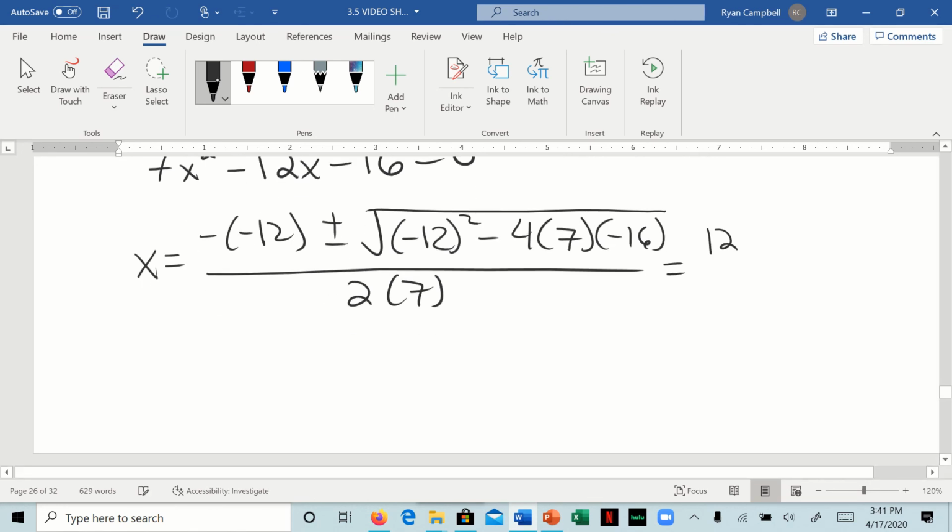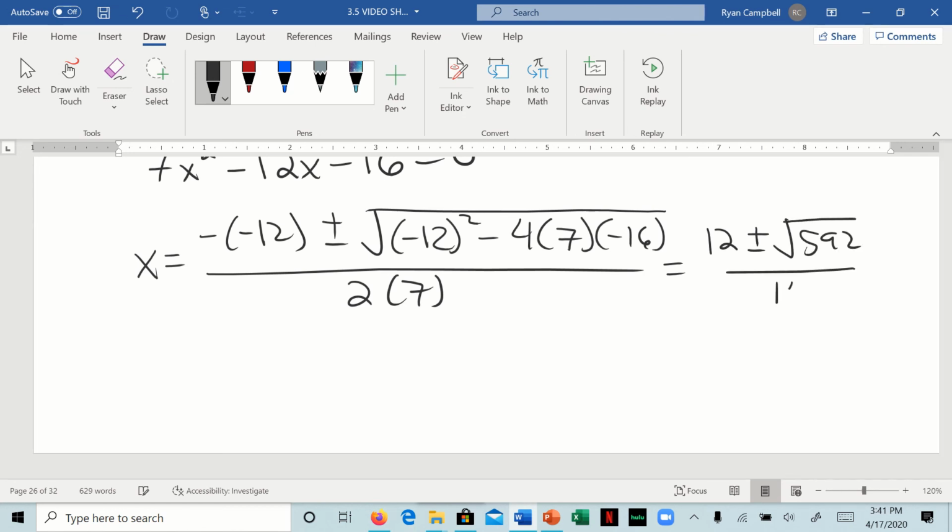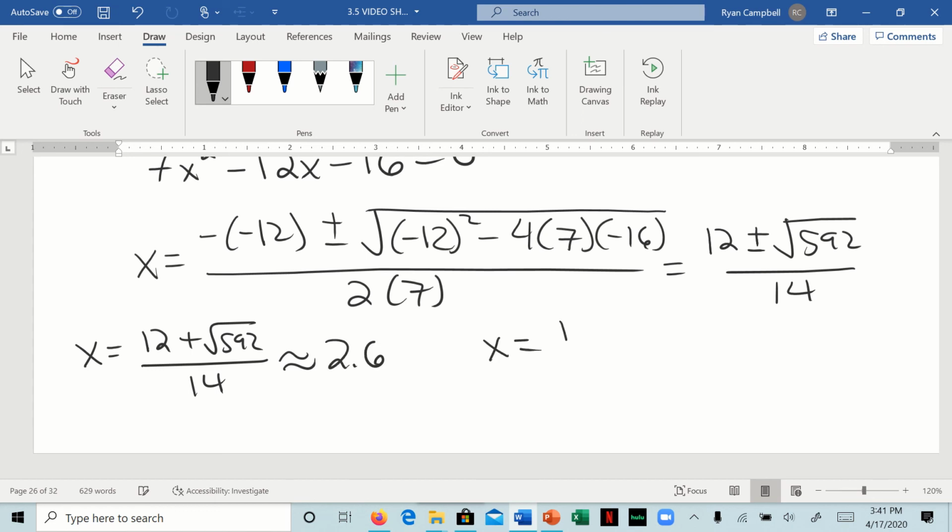So we see that that's 12 plus or minus the square root of 592 over 14, which means that when you add and plug into your calculator, right, we get about 2.6. When we subtract, we get about negative 0.9.